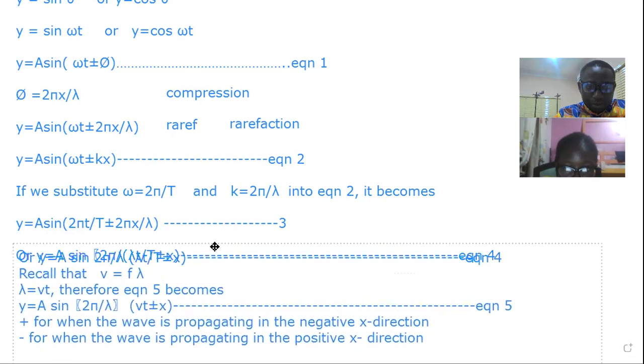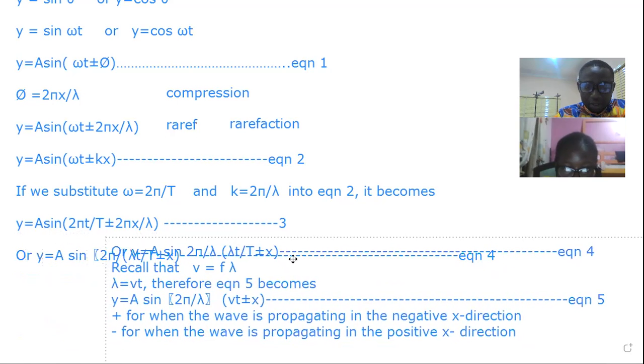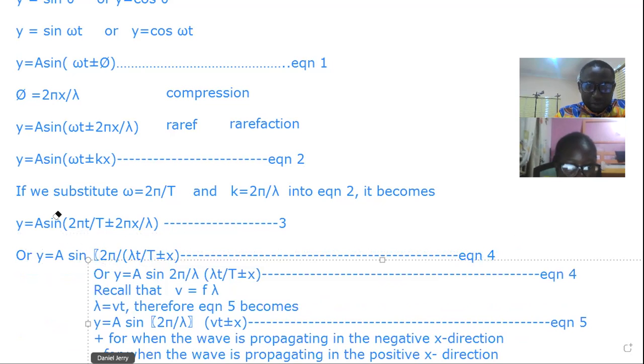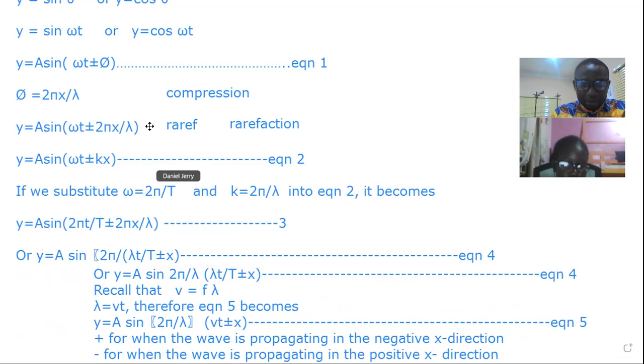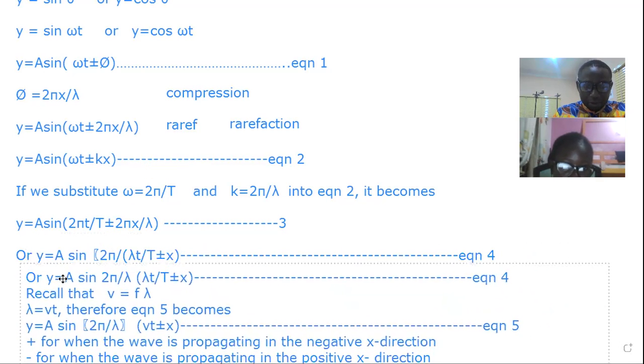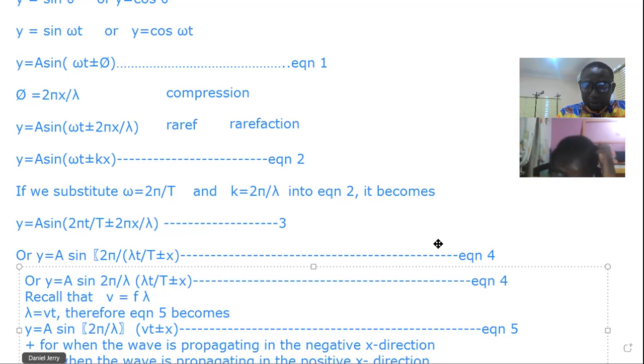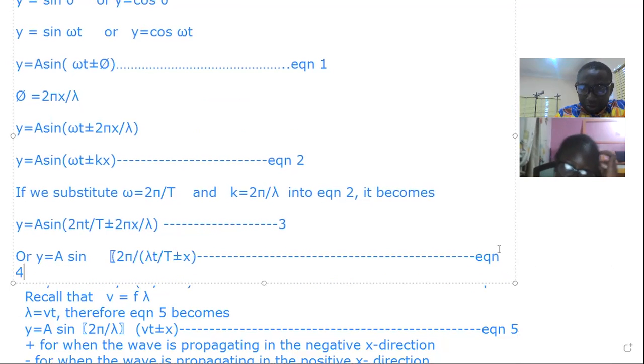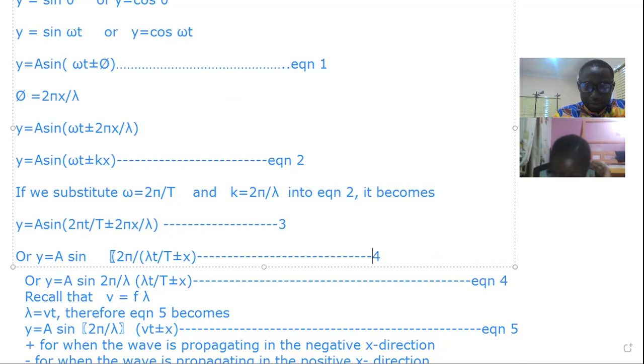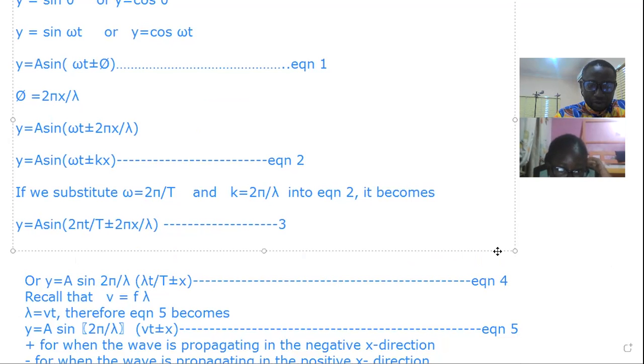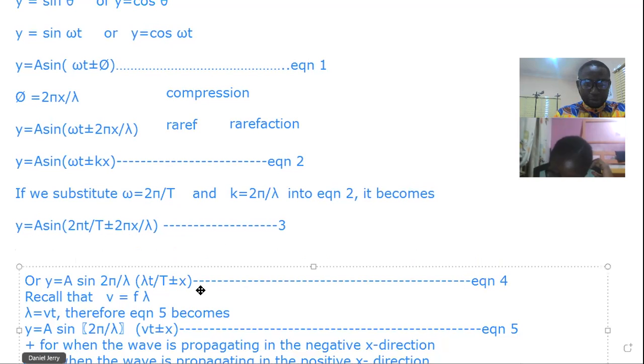Oh no. Please, this equation 4. Let me see if I can erase this one. Wow, everything just disappeared. All right, but please note that the equation 4 we are using is not the first one, rather it is this other one. Okay, I think I should be able to erase this. Good, that's awesome.